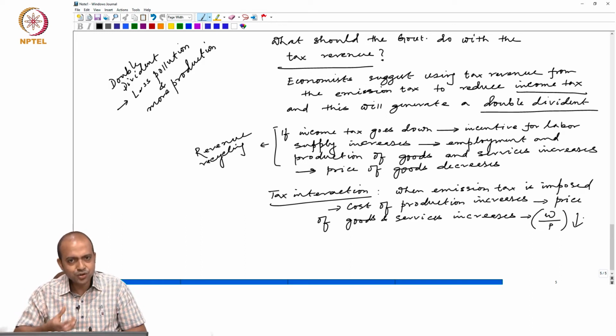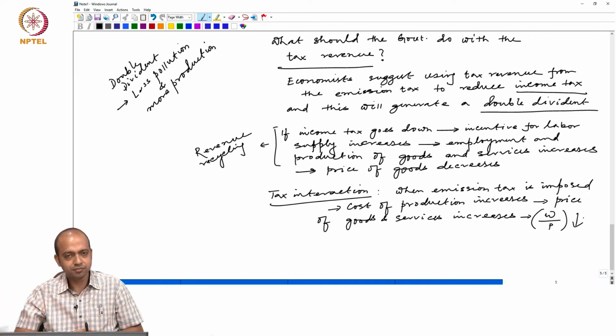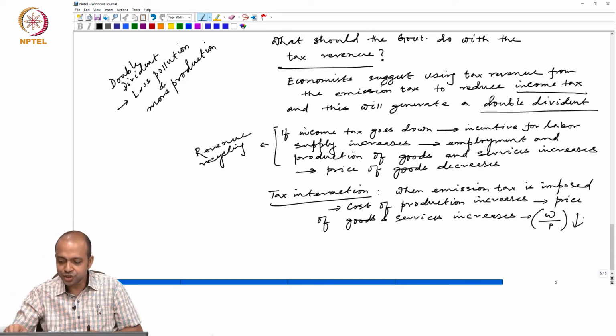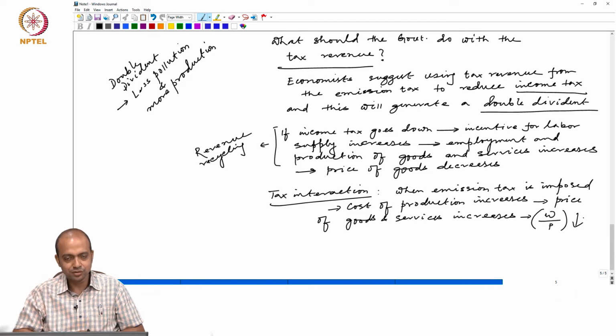But in real sense, what is happening? After imposition of tax, the price of goods and services also increased. So, when the laborers are actually calculating the real wage, which is W by P, that is going down.